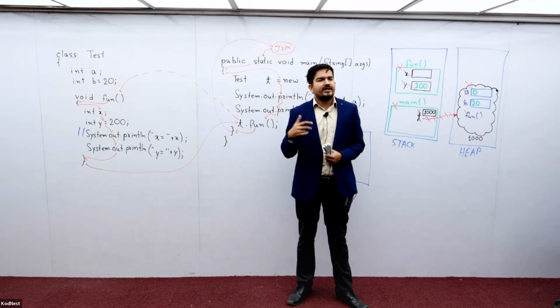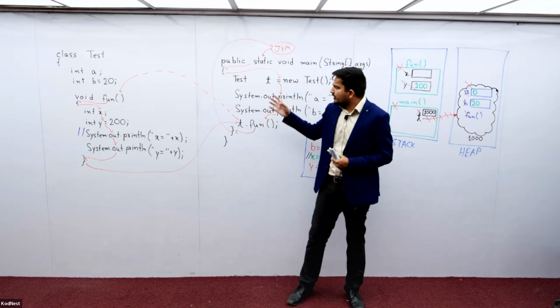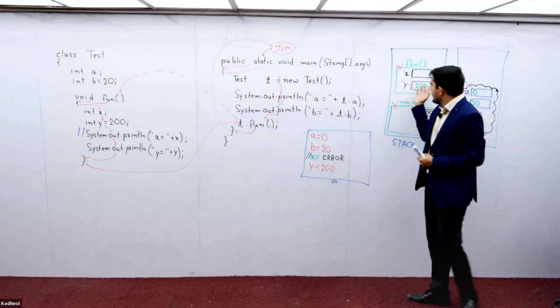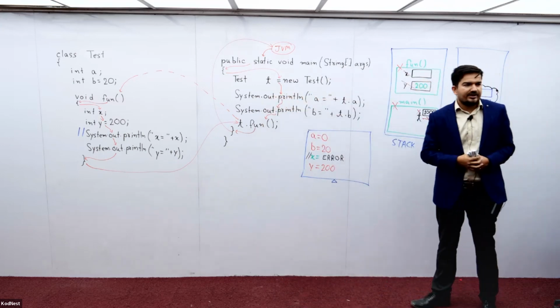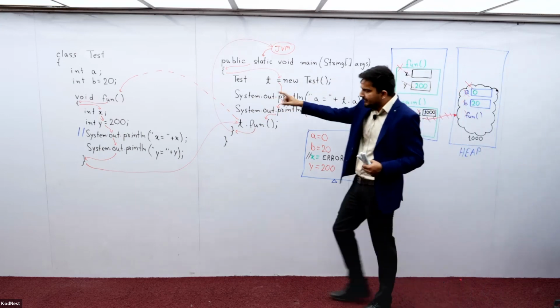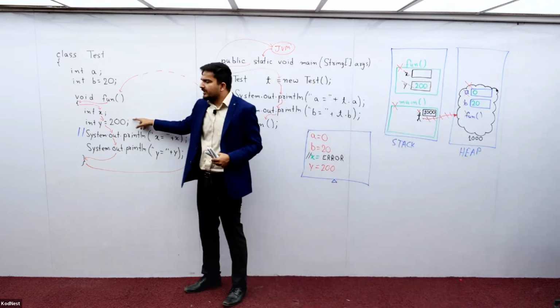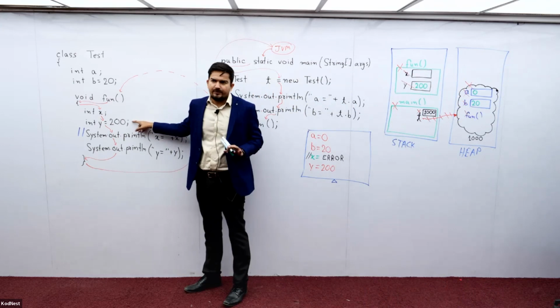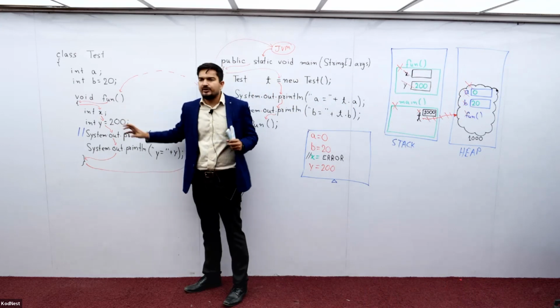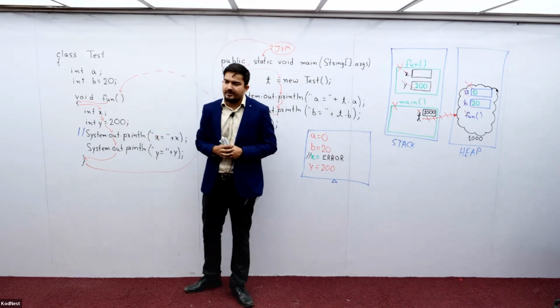But can we do the same for the local variables? No. Local variables are not given any default values, and as a result, we cannot use them without initializing them. We must first give some value to the local variable, and then we are free to use them.